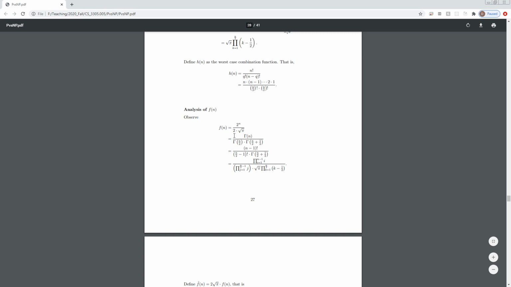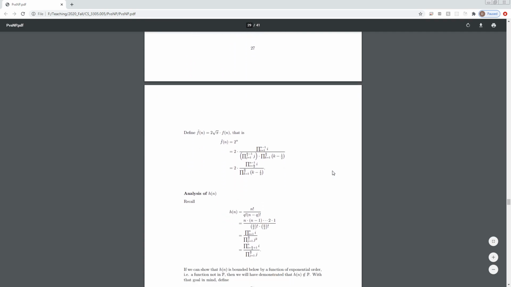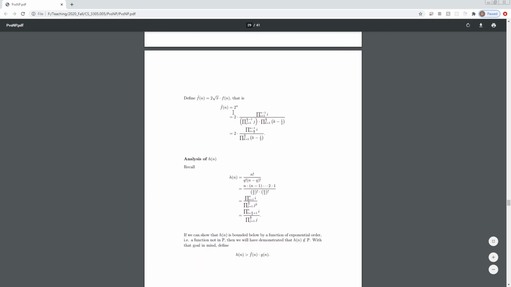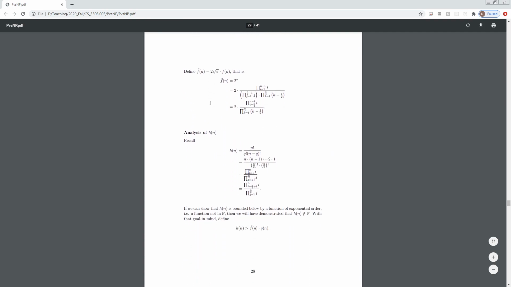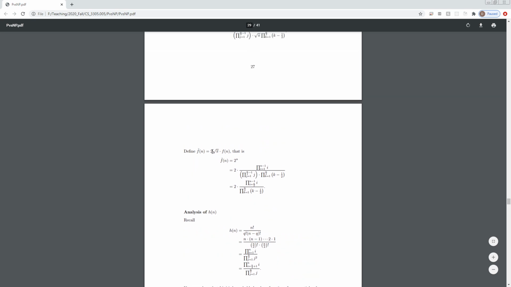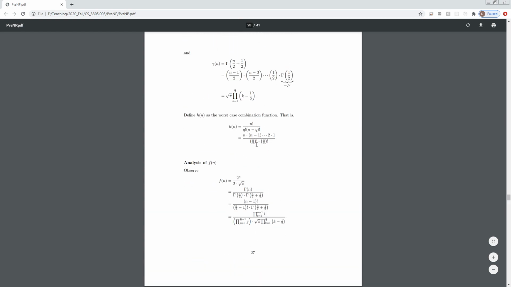Okay, so going back to f of n, we have these 2 equivalent statements from the duplication formula, and we can manipulate it to this, and then we can put it in product notation, and then we can clear out that 2 times square root of pi from over here.